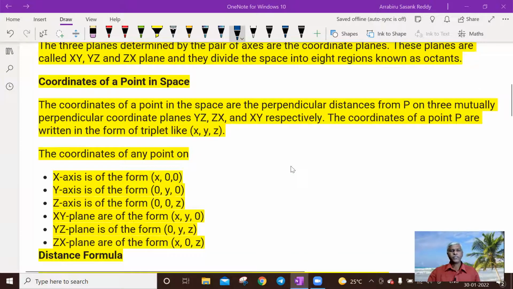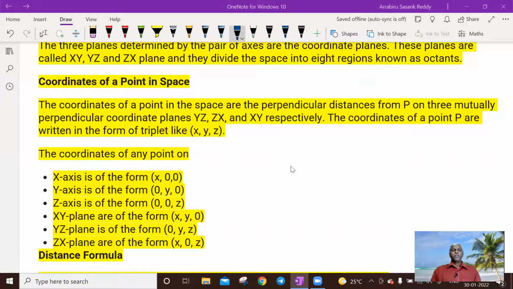Coordinates of a point in space in the 3-dimensional coordinate system. We know in the 2-dimensional coordinate system, a point is represented by an ordered pair x comma y, where x is the x coordinate and y is the y coordinate.